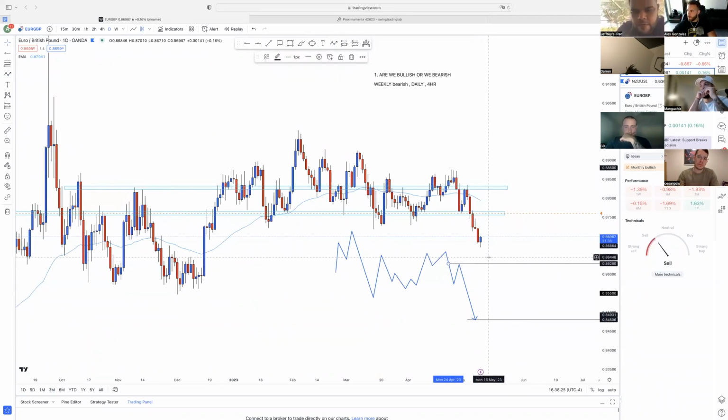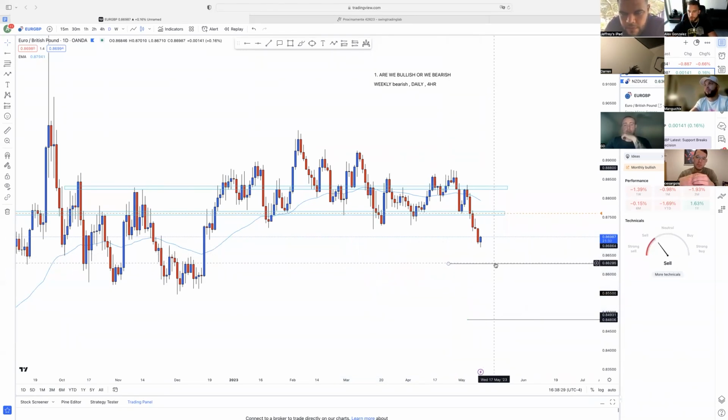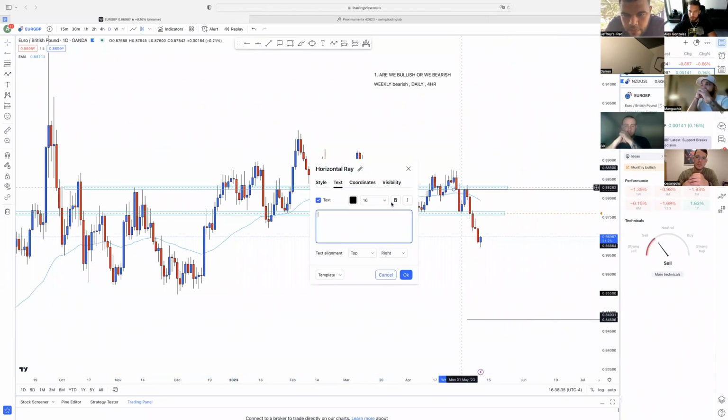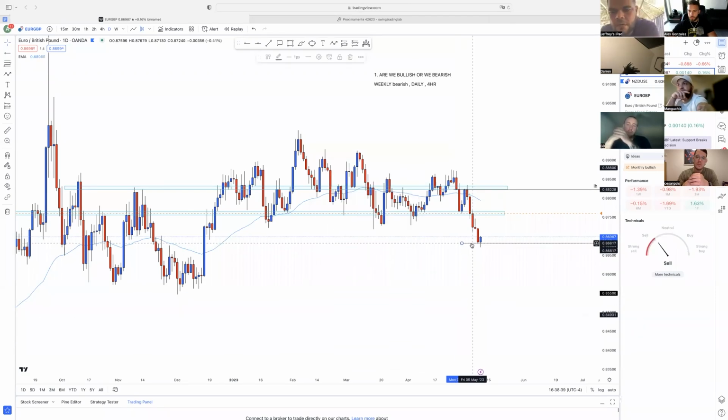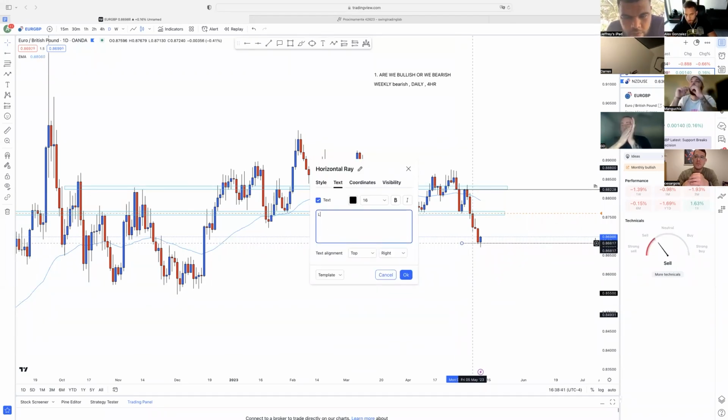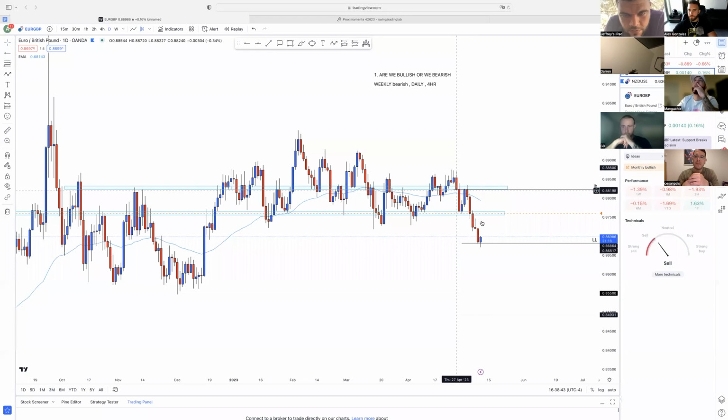If you guys don't, type 2. Exactly. So this would be the lower high on the body of the move, and then this would be the lower low at this point right here. So we have the daily time frame bearish, looking good.